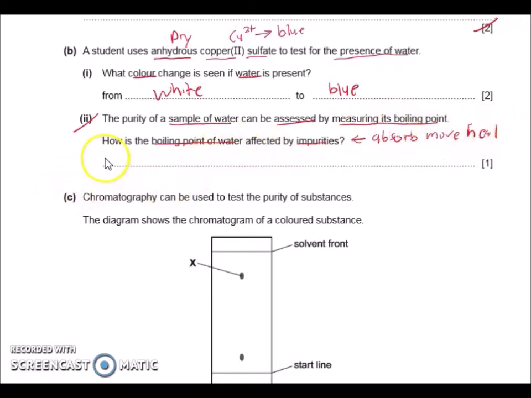You can say boiling point higher than 100 degrees Celsius. Like sea water, for example, its boiling point is 105. This is 1 mark.